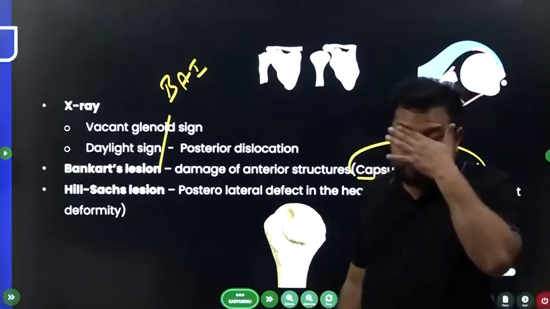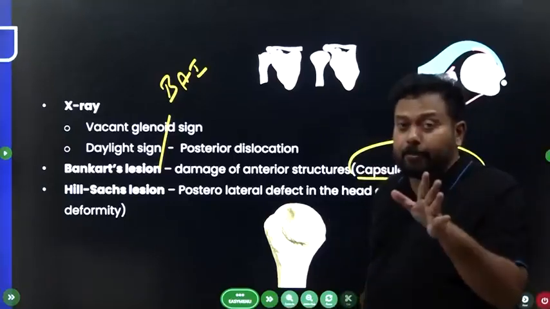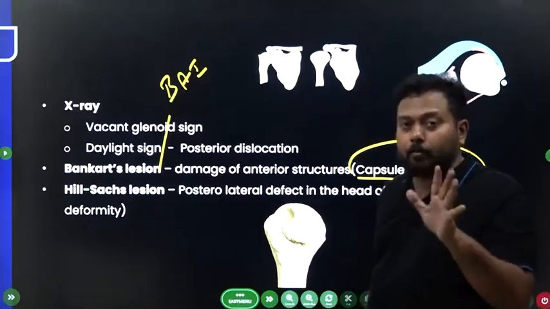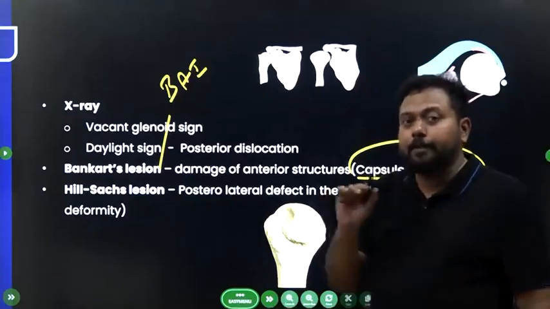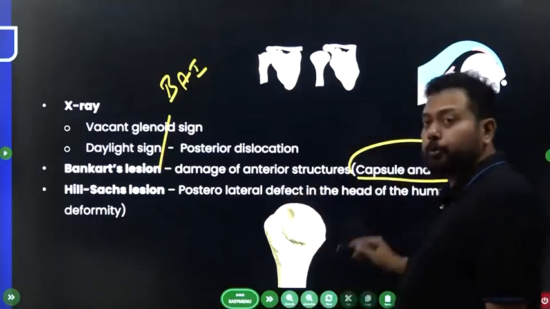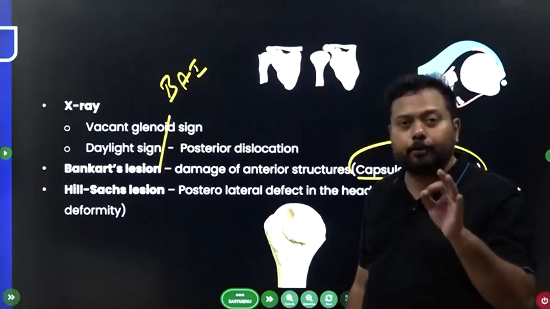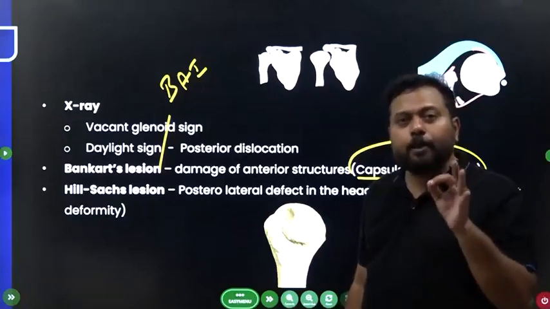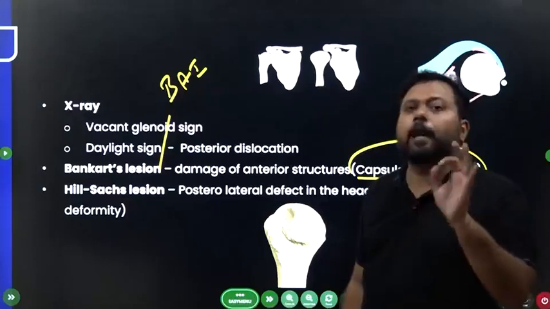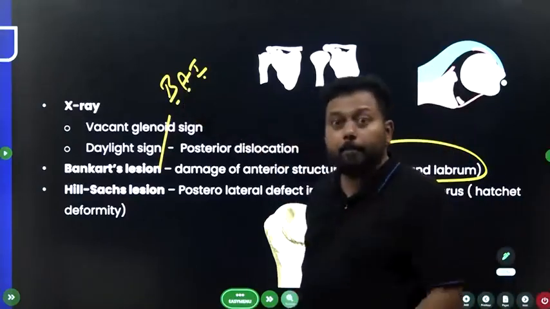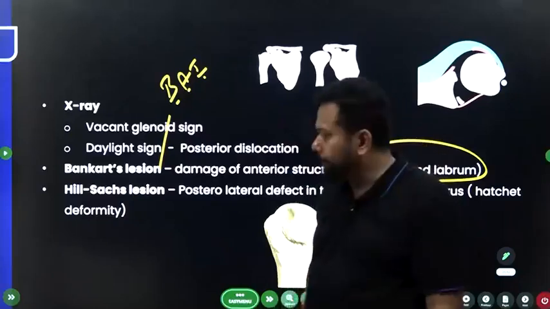There is damage to the anterior structures, anteroinferior aspect of the structures. What are the 2 structures that are damaged anteroinferiorly? The capsule and the labrum. Bankart's is a soft tissue injury in the anteroinferior aspect of the capsule and the labrum. Okay. Bankart's anteroinferior. Boy, a mnemonic is coming.